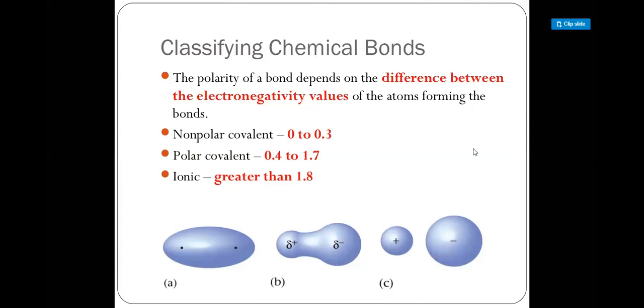Polar covalent is 0.4 to 1.7, and above 1.7, values exceeding 1.7 are going to be ionic. Okay, so you can see the three different diagrams over there, A, B, and C. Respectively, A is non-polar, B is polar, and C is ionic.